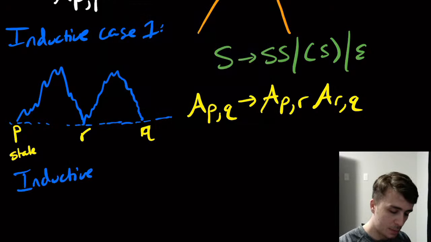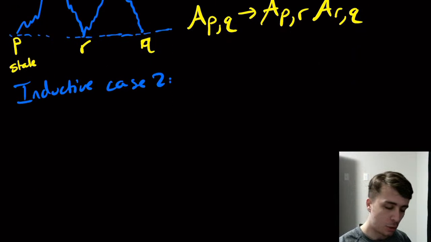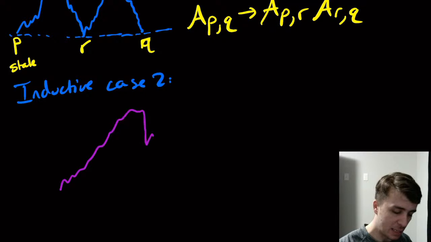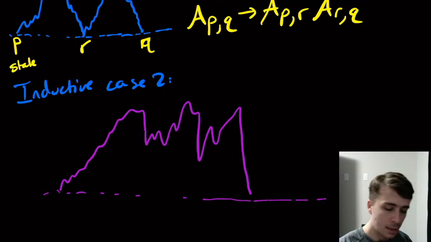Inductive case 2 is instead of having two mountains or more, we have exactly one mountain. Okay, so exactly one mountain. So let's look at that case where we have exactly one mountain. It may go up and down, but it doesn't hit 0 anywhere in between other than at the ends.